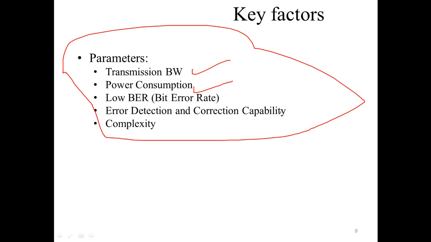There are several kinds of coding techniques which allow you some error detection and correction capability. And lastly, what is the complexity level of that coding scheme? So before selecting a line coding technique, you have to focus on these factors. These are the key factors that need to be addressed before selecting any line coding technique in your digital data communication.